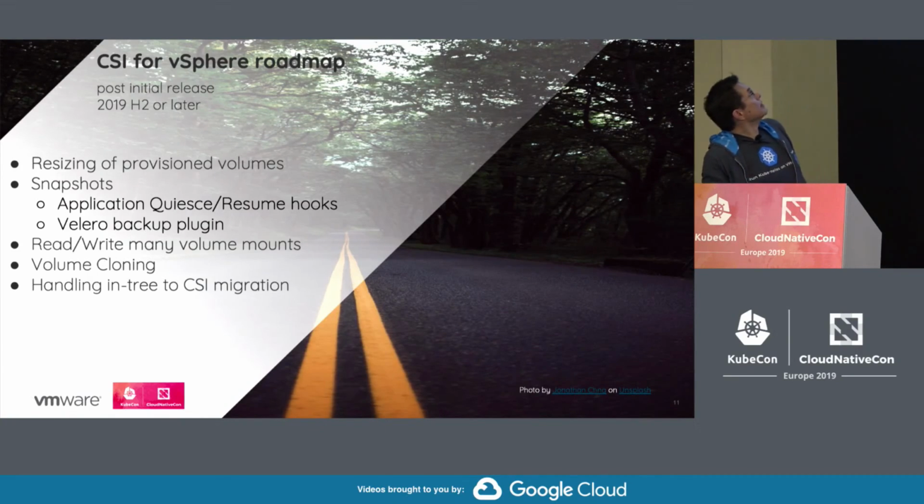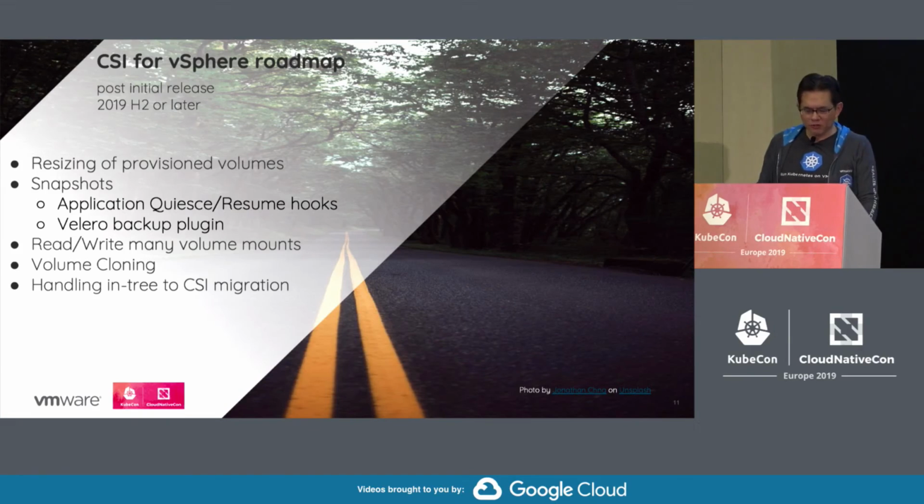We're looking at supporting resizing of already provisioned volumes. You can't do that today. That was a recent enhancement to the CSI spec, so normally the CSI spec gets enhanced and it takes a while to catch up with things that are exposed there, so we're planning on supporting the resizing. There is an effort now within the Kubernetes storage SIG to support snapshots.